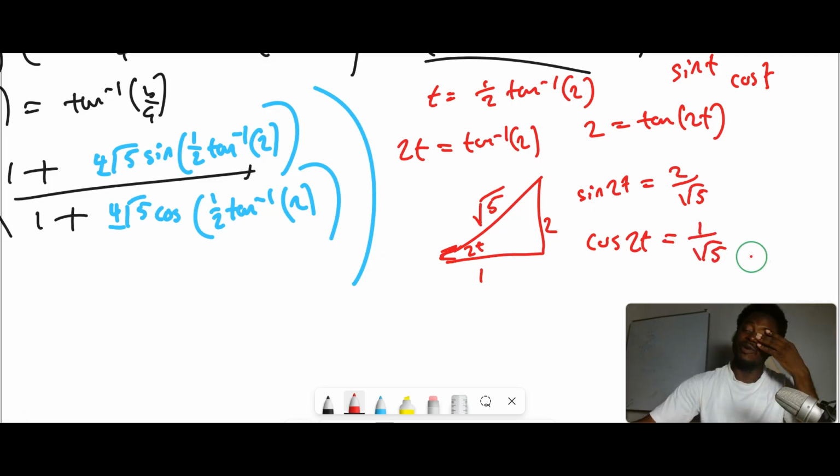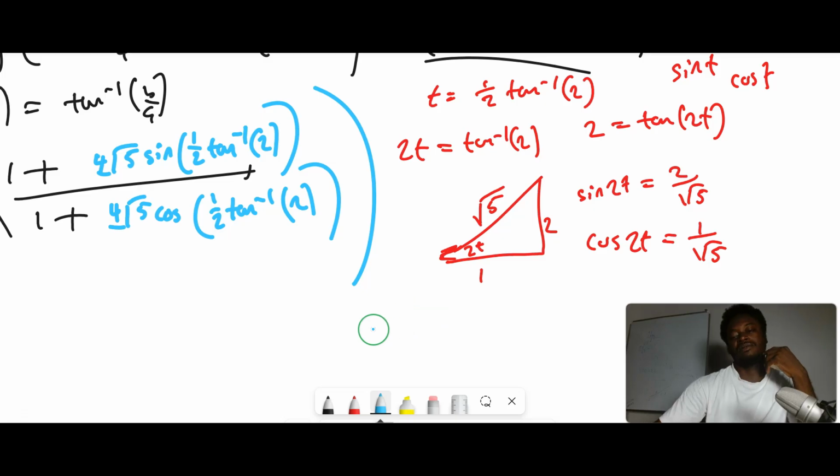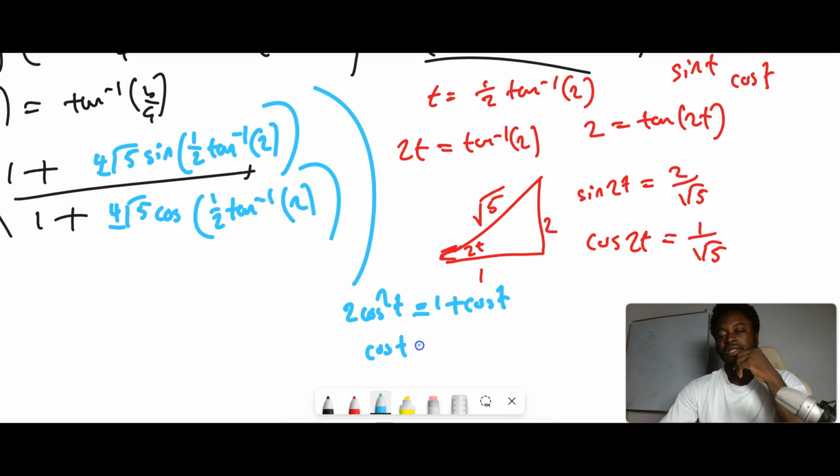So we have sine of 2t and cosine of 2t, but we need sine t and cosine t. So we know that 2 cosine squared t is 1 plus cosine of 2t. So essentially cosine t is the square root of (1 plus cosine of 2t) all divided by 2.